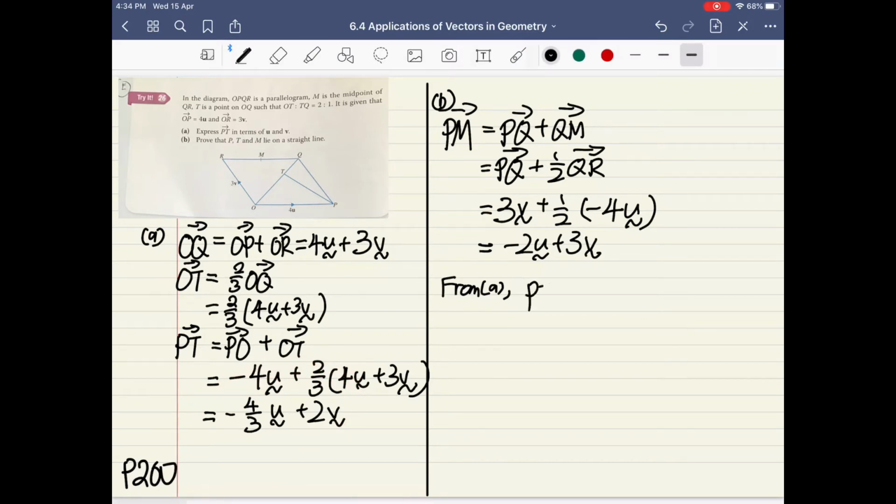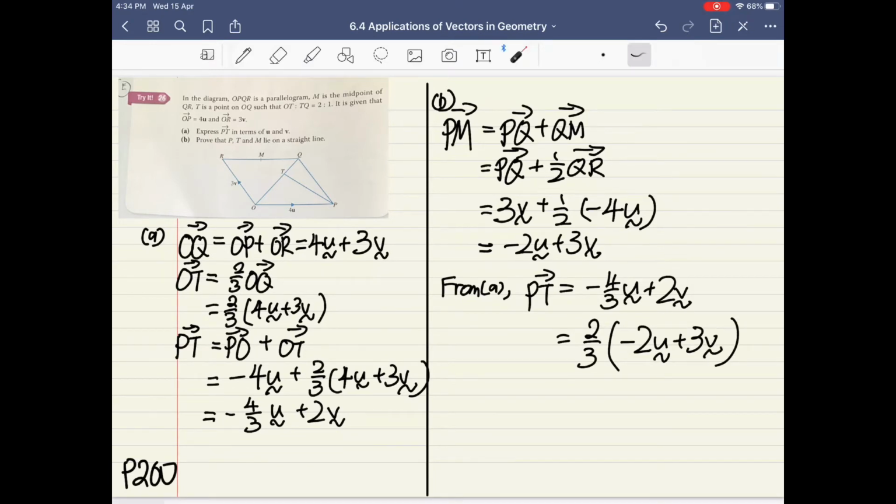Then from part A, we know that PT is equal to negative 4/3 U plus 2V. So if I factorize 2/3 here, what I will get is negative 2U plus 3V. So you notice we have something common here, negative 2U plus 3V.